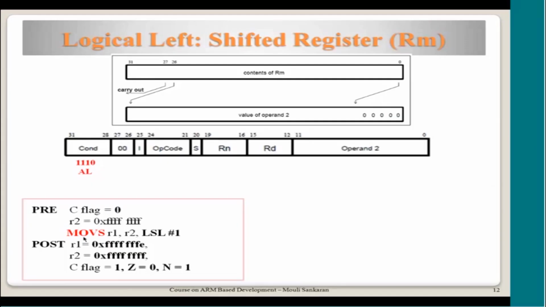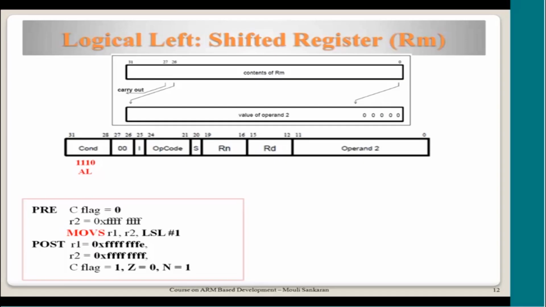Now, first of all, is there any conditional thing mentioned here? If it was move EQ, then EQ condition is mentioned. That means it should execute only when 0 flag is set. But here I have put a move S. That means I don't want this instruction to be conditionally executed. So it should be always executed.